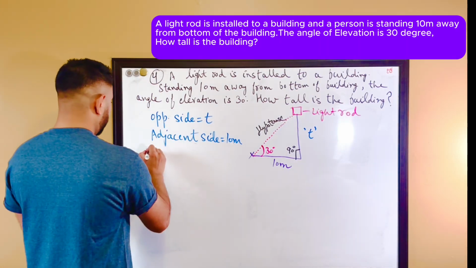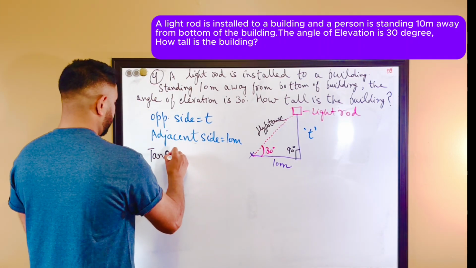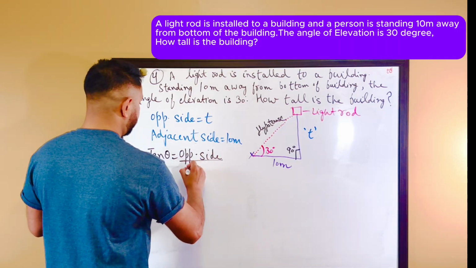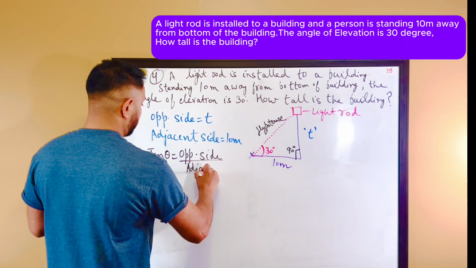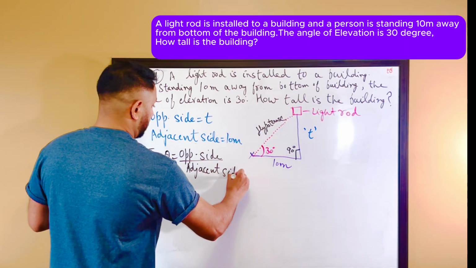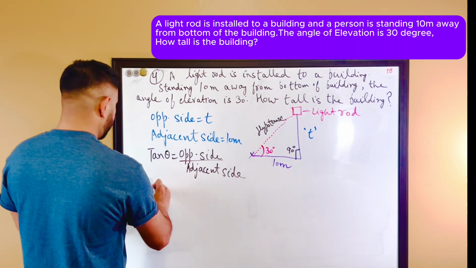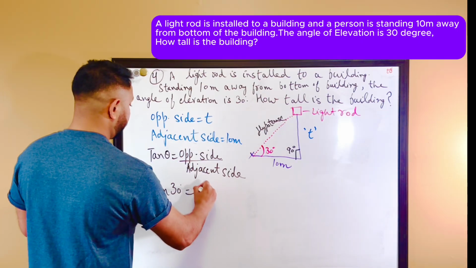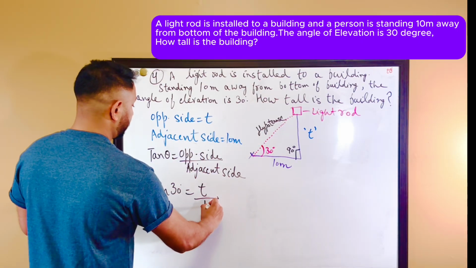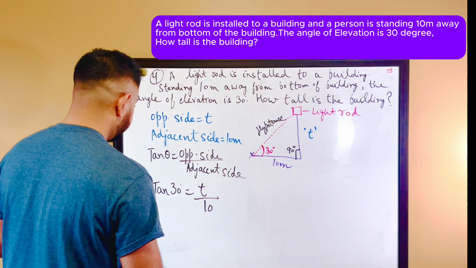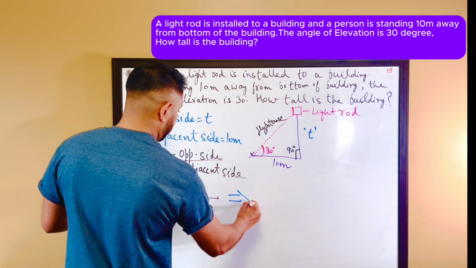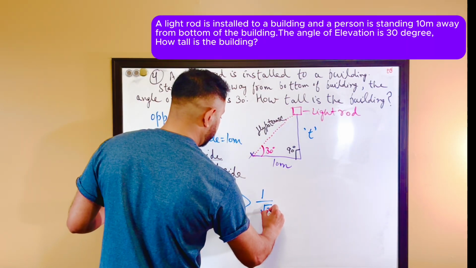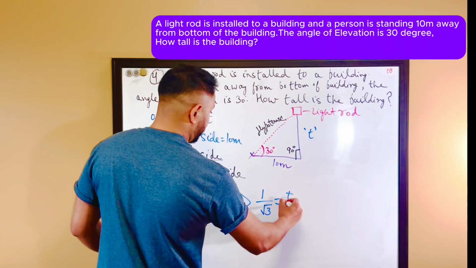So we're going to use the formula tan theta is equal to opposite side over adjacent side. So tan of 30 degree, the opposite side is t that we need to find out, and the adjacent side is 10. So tan of 30 degree is 1 by under root 3, equal to t by 10.